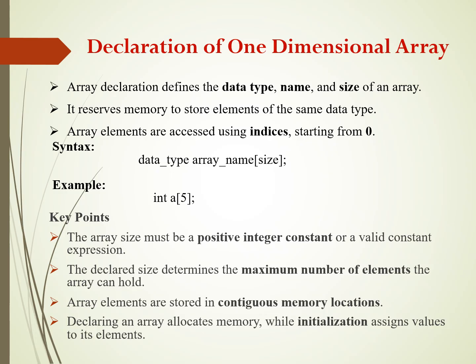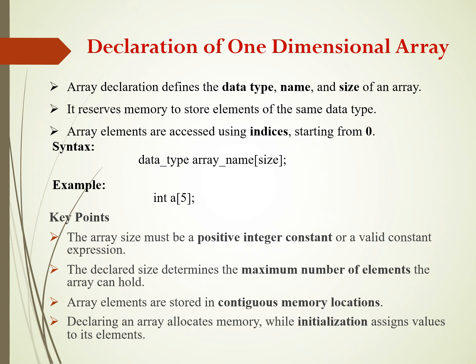For example, if you write int a[5], this declaration creates an integer array named a that can store 5 integer values. The index positions for this array are 0, 1, 2, 3, and 4.